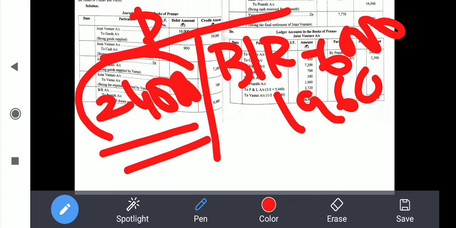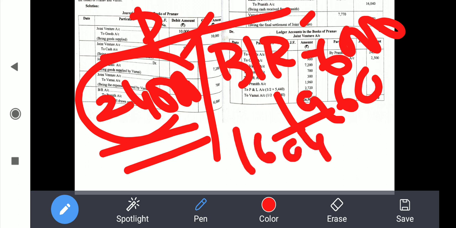Out of 24,000, 6,000 belongs to bills receivable and 1,960 belongs to commission and expenditure. The remaining portion, that is 16,040 rupees, is paid by Pranit to the bank account. Bank account debit to Pranit account.